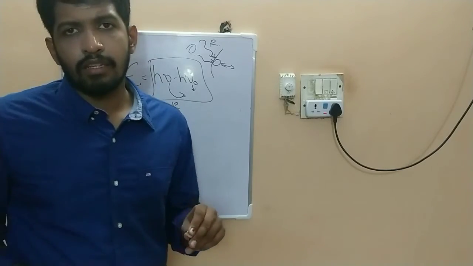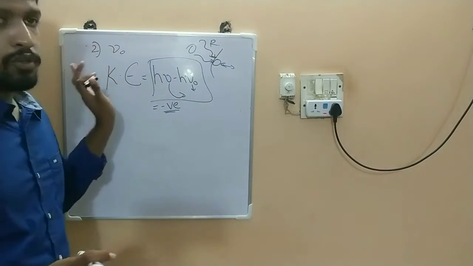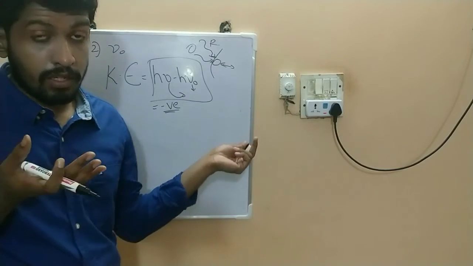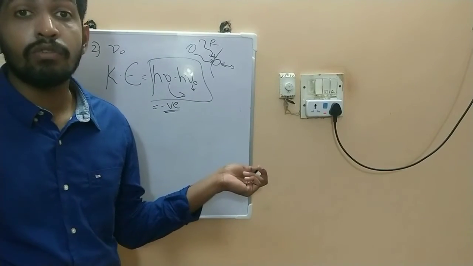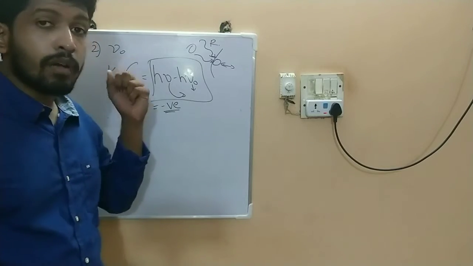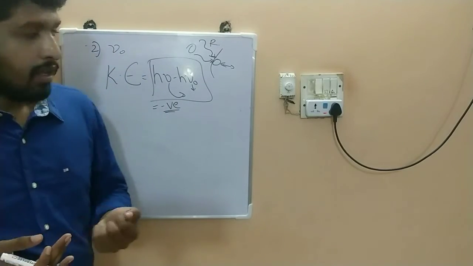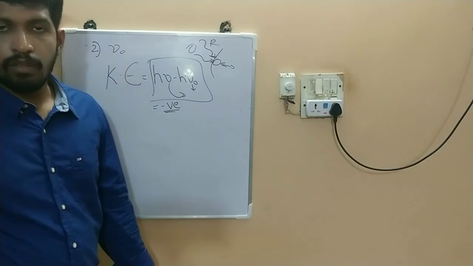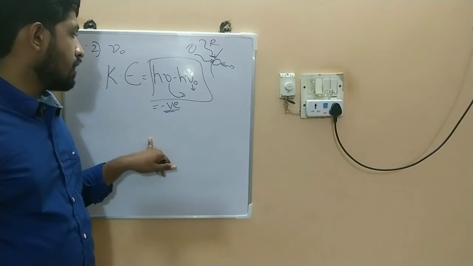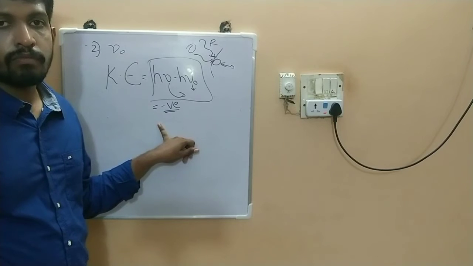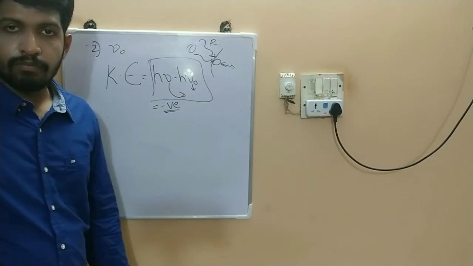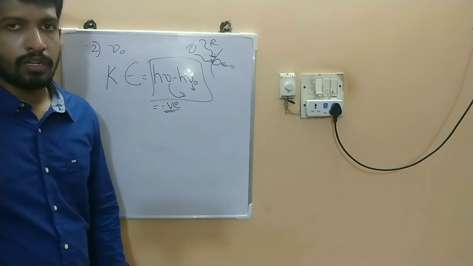So it physically means that even though the electron absorbs the energy, it does not have enough energy to overcome the work function. Hence, it won't get emitted. If we get a negative value, we must think that the electron is not emitted. It physically means only that.